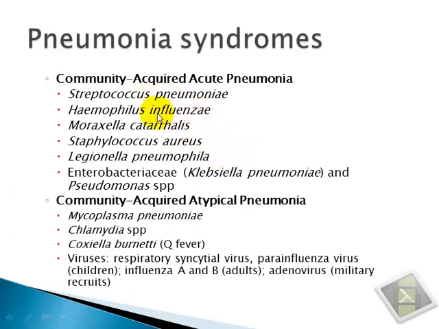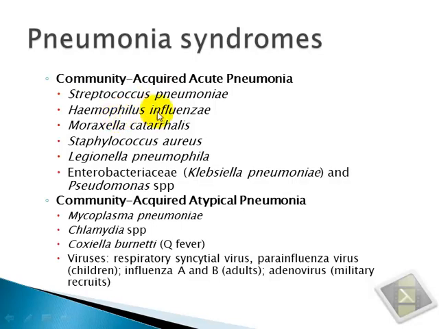Now talking about pneumonia syndromes, we have different culprits, the etiological agents which we have to discuss. Community acquired acute pneumonia, and community acquired atypical pneumonia. The ones which cause community acquired acute pneumonias are, now this word acute, they're not really acute, but they take a short time to develop, so that is why maybe they're called acute. So you have Streptococcus pneumoniae, as we have discussed, which causes more than 90% of the lobar pneumonia.